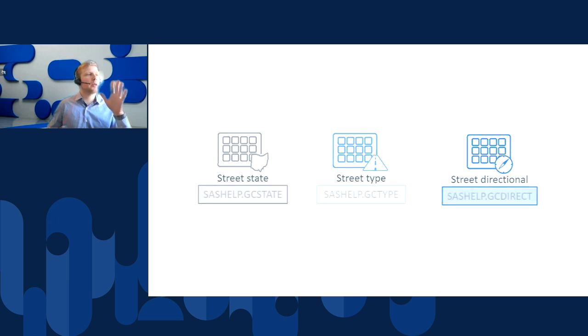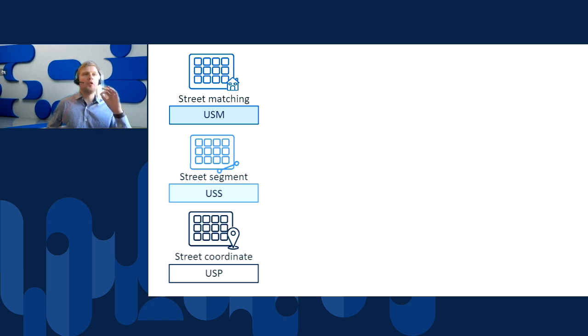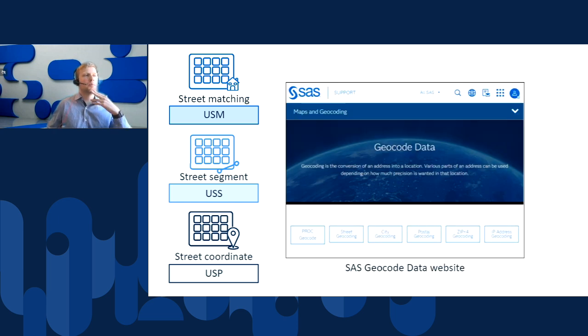Now the first 3, though, the USS, USM, and USP data sets, those are not included in your SAS installation, but they are available. So we do provide those to you. They're available for download from the SAS support website.